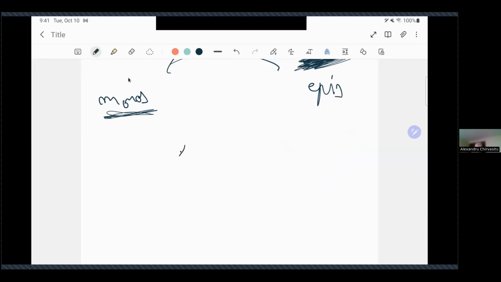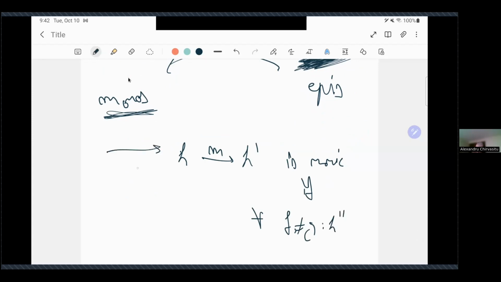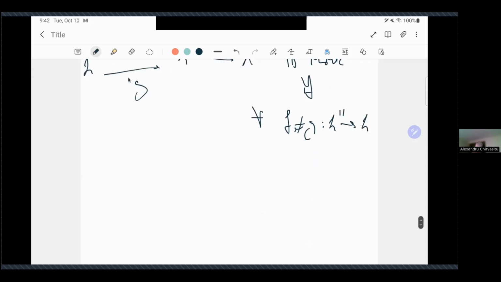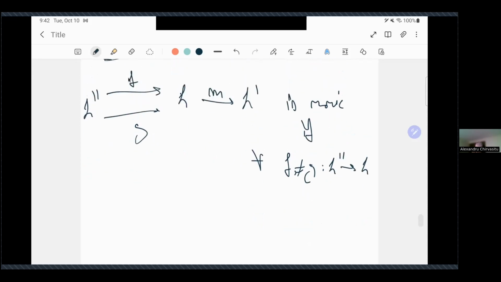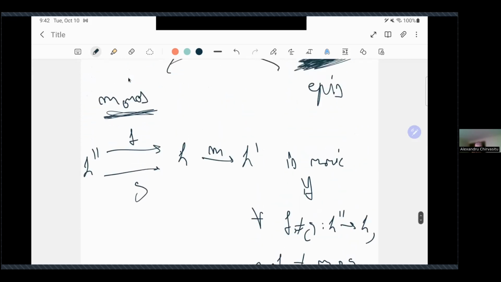A monomorphism from H to H prime, let's call it M. M is monic or a monomorphism if for every two distinct arrows, F different from G, landing into H, M composed with F is still different from M composed with G. That's what monic means in any category.